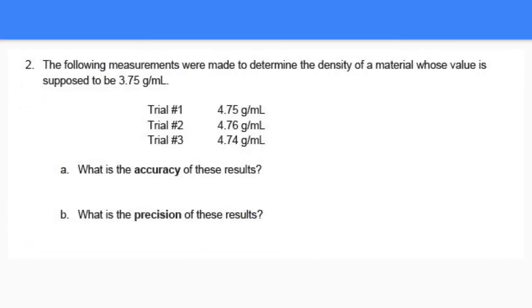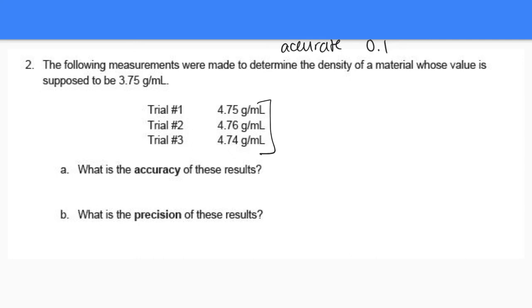So now we're going to look at another set of data, and this prompt says the following measurements were made to determine the density of a material whose value was supposed to be 3.75 grams per milliliter. And we have our information here. Remember, I said that we decide if something is accurate if it's within a tenth place. Well, these are not within a tenth place.